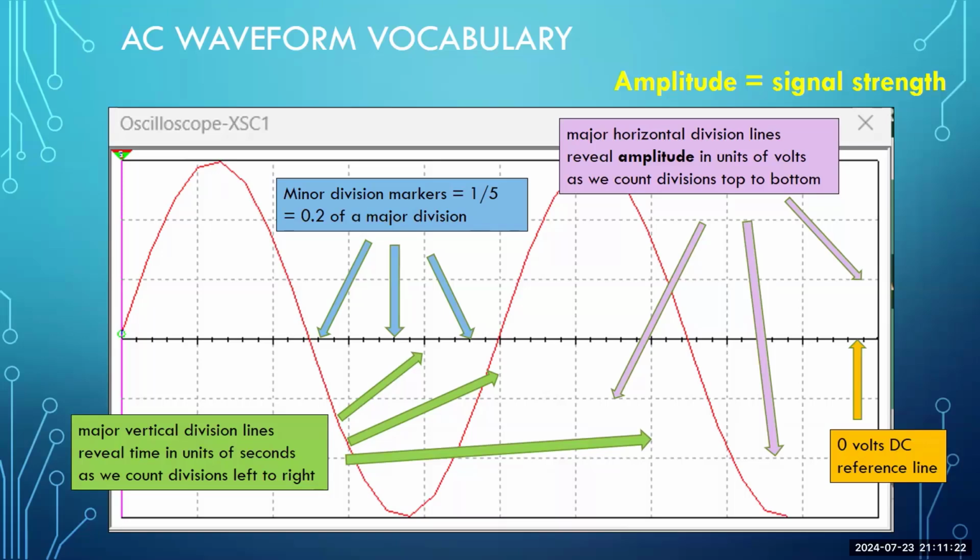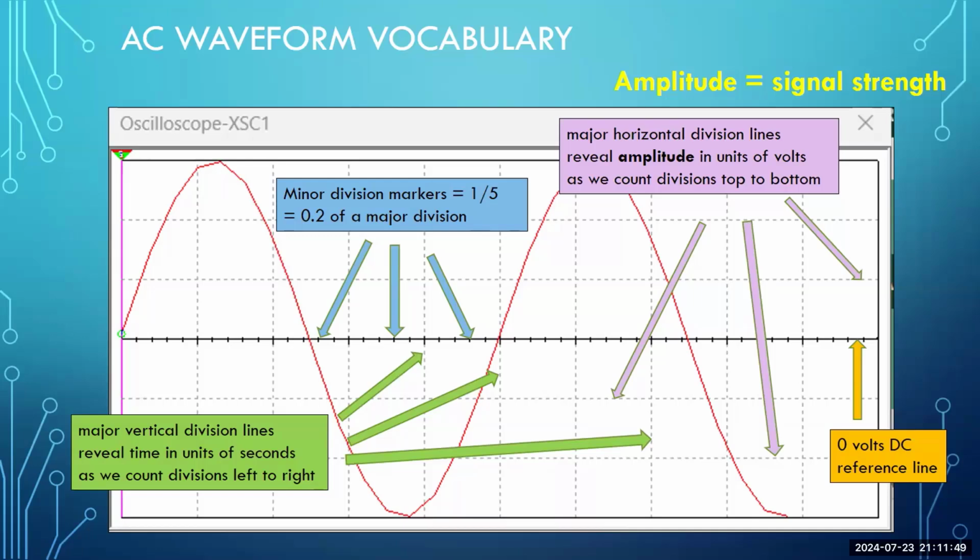And these are called major vertical division lines because I also have in blue minor division markers. The minor division markers, you see like little hash marks, if you will, on the 0 volts DC reference line. If you look between the major divisions, you'll see what appears to be 4 hash marks dividing that major division into 5 parts.